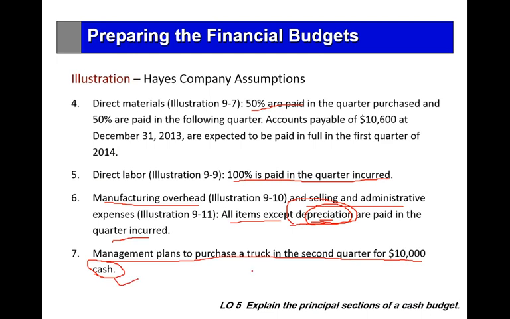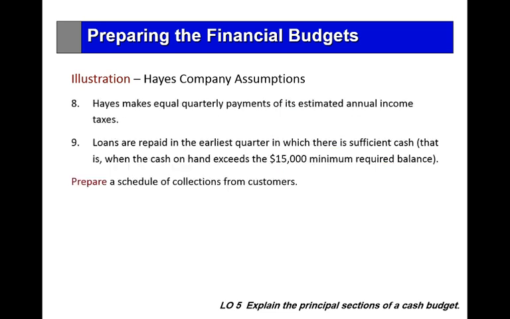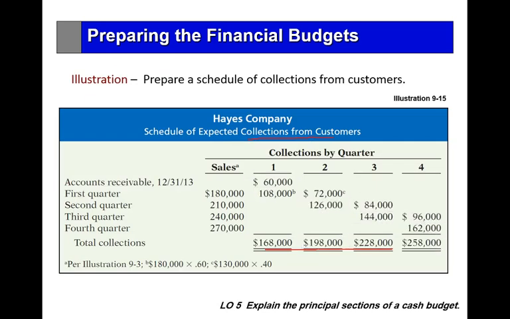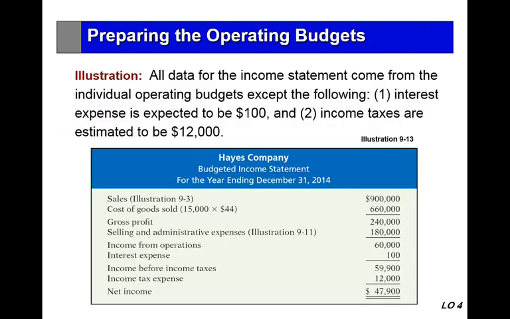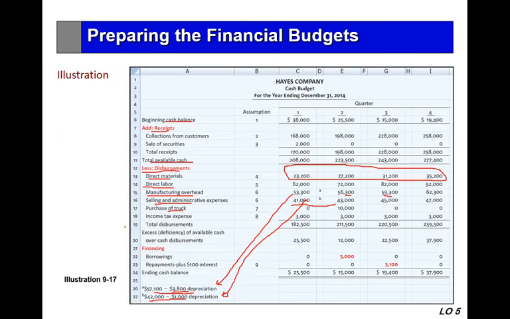Because it says cash, we will put 10,000 in the cash budget in the second quarter. We have purchase truck, not first quarter, second quarter. We have payments expected of 10,000 in the second quarter for purchase of truck.